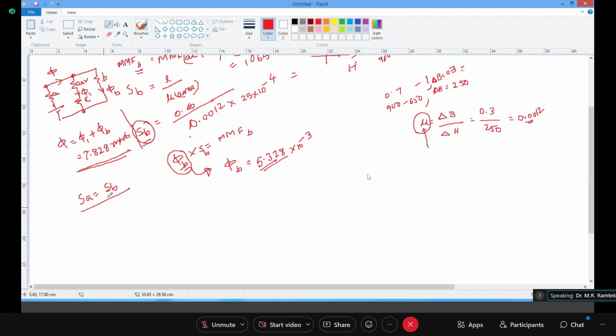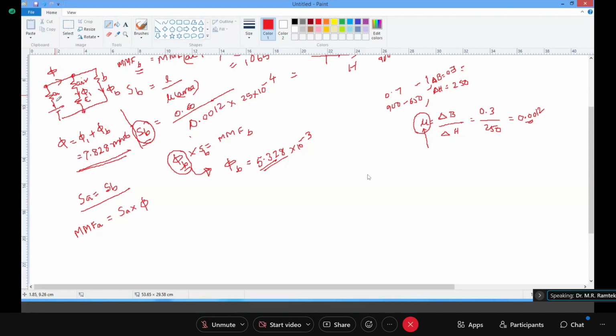So now from this you can calculate the MMF for A. This will be equal to SA into phi. Phi is the flux in this path. Clear?